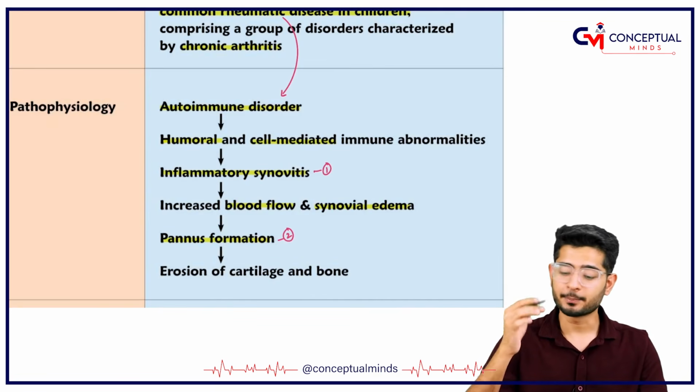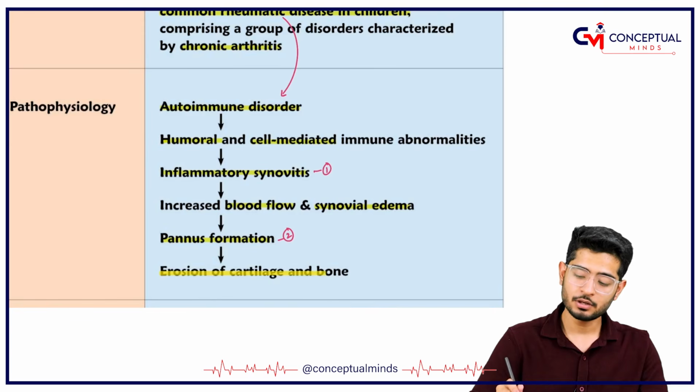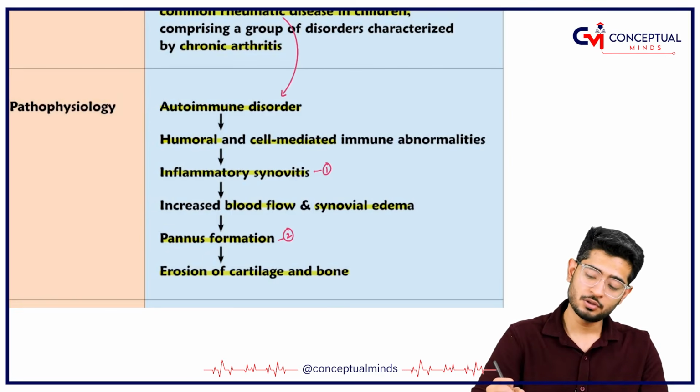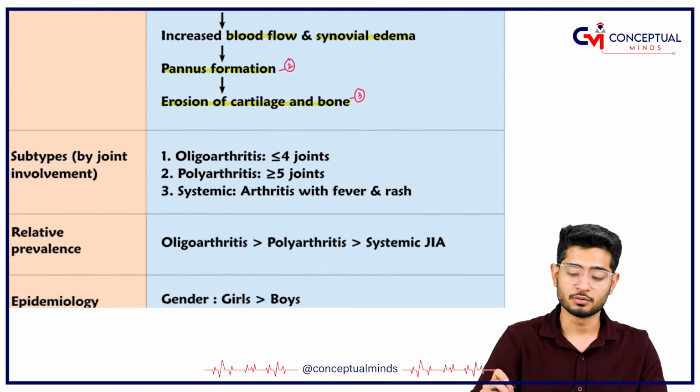They are going to eat up the normal cartilage and the bone, and there will be erosion of the cartilage and the bone. So this is what happens in idiopathic arthritis. Very sadly, the child is going to have synovitis, pannus formation, and erosion of the cartilage as well as bone. So these three things are very important to be remembered.